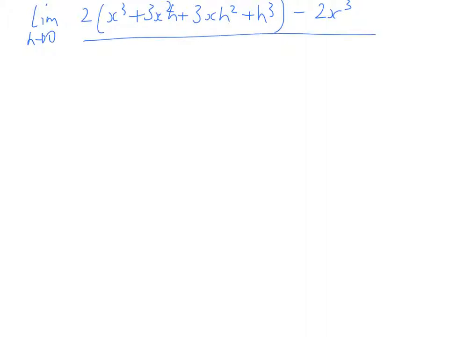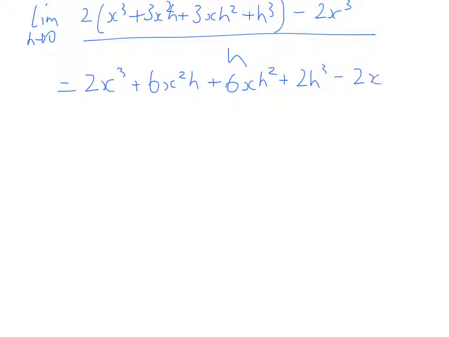It looks messy, but it's going to come out nicely. It'll be 2x cubed plus 6x squared h plus 6xh squared plus 2h cubed minus 2x cubed. Just follow the algebra there for me. And that's all over h.